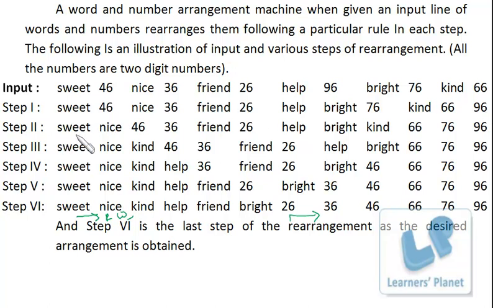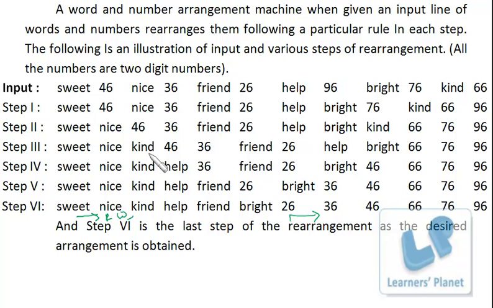Then in step 2, we are going in reverse dictionary order, so the second word is coming at its required position, and simultaneously the second largest number is taking its position. So in step 2 there are 2 changes.